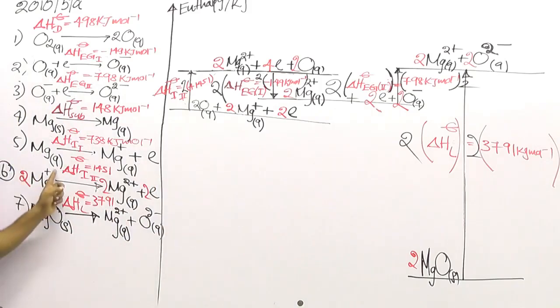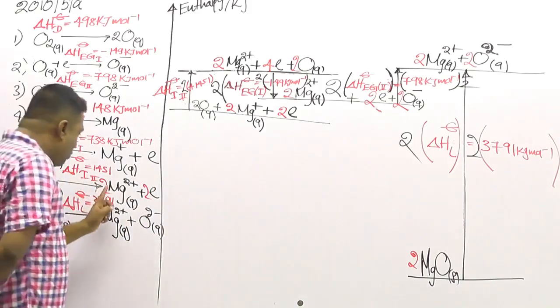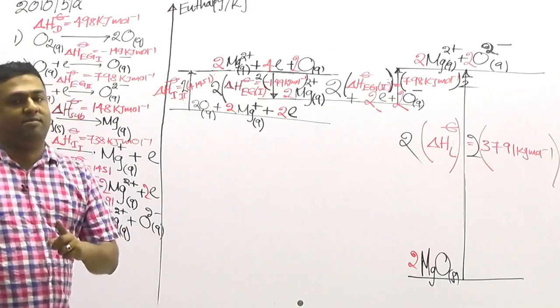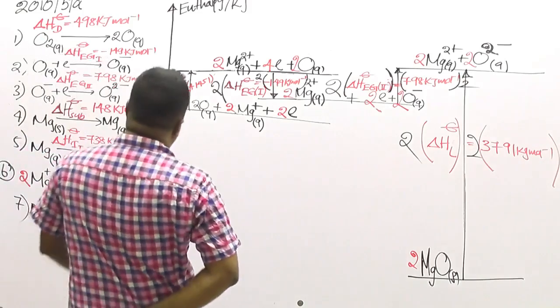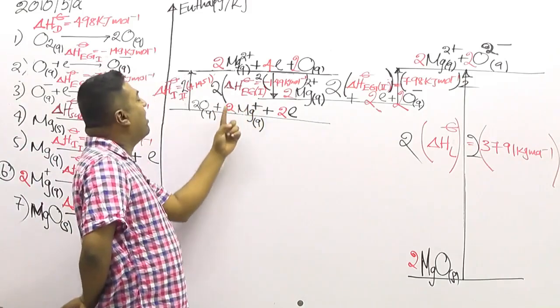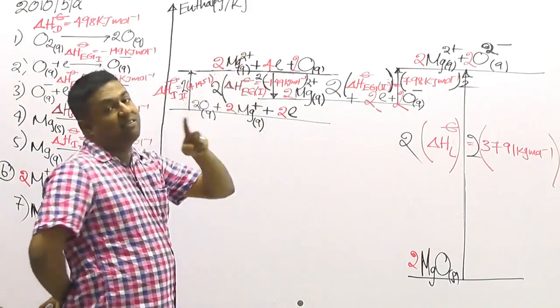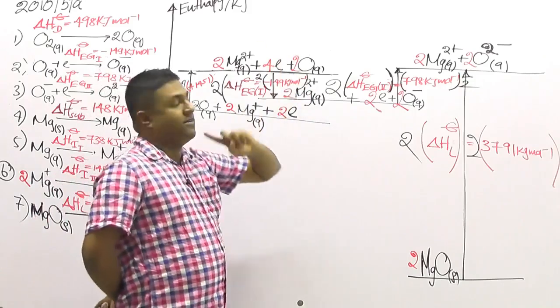But 2 Mg+ convert into 2 Mg2+ by releasing only 2 electrons.